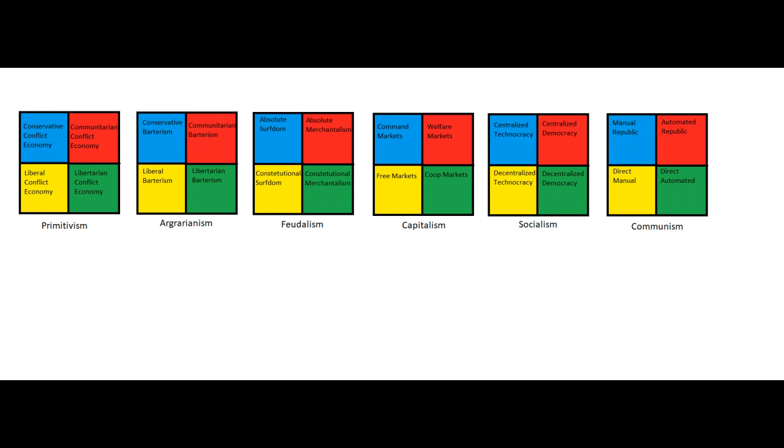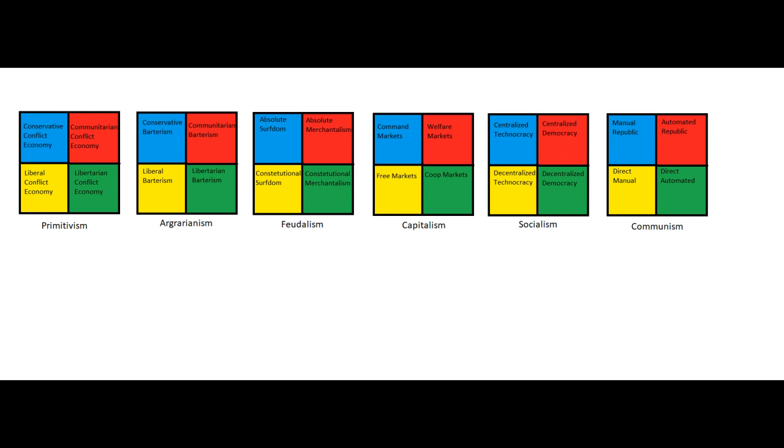Communism, let's take a look. So first off, let's take a look at manual. Manual communism is basically where you don't have the technology necessary to make everything, like a post-scarcity resource world.